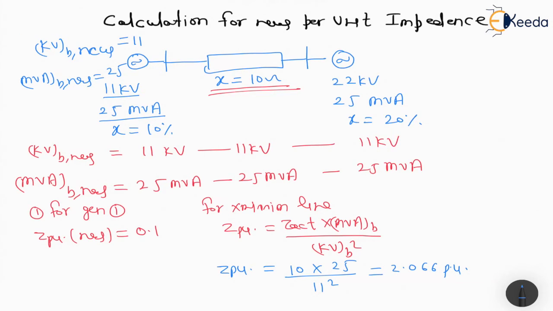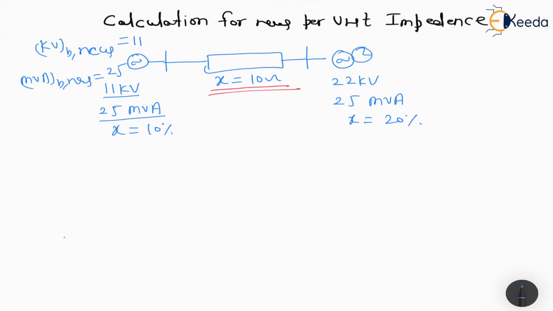Now the third point is the new per unit value for generator number 2. For this, we apply the formula of old and new to find the ZPU new value for generator number 2.